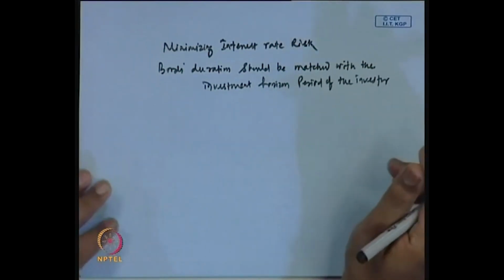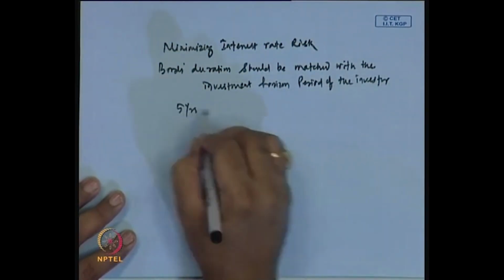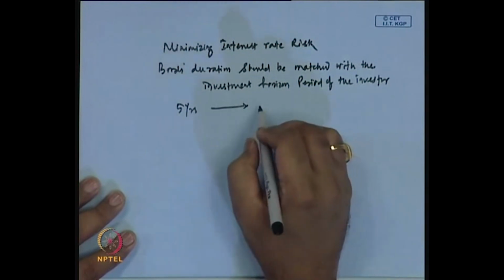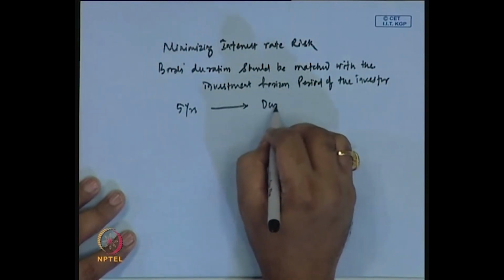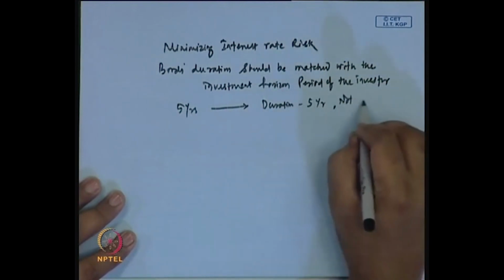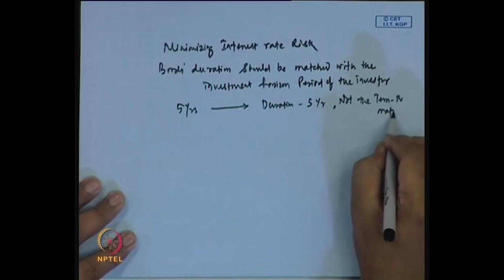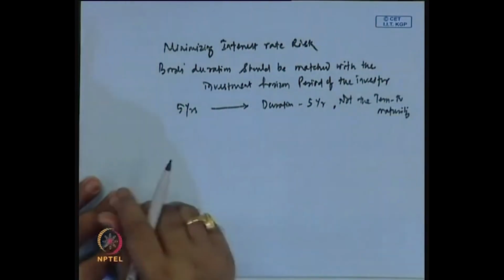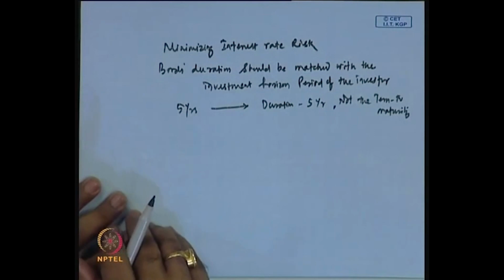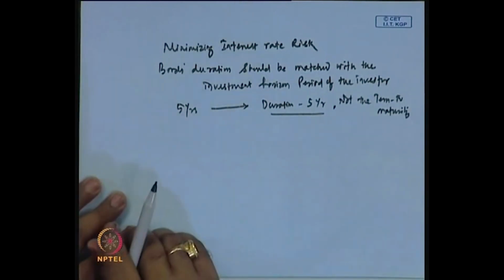That means, if my investment horizon period is 5 years, I should hold a bond whose duration is 5 years, not the term to maturity. Obviously, by the principle, the term to maturity will be more than the duration.